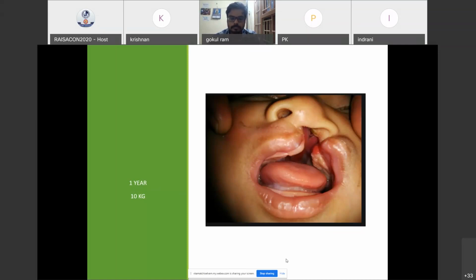The learning domains are three things. One is cognitive. Cognitive is what you know, before you touch the patient, what are the things you should know? So initially we will be testing his cognitive domain. Then we'll go to his psychomotor domain.